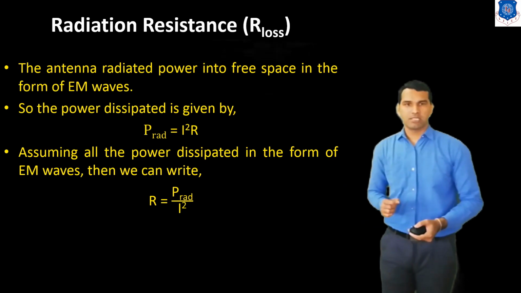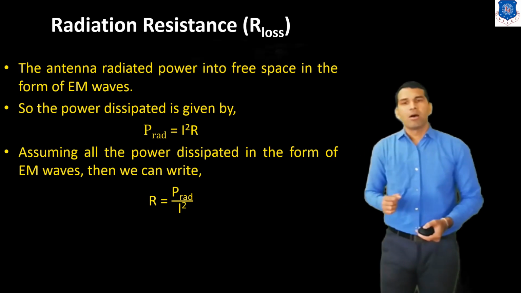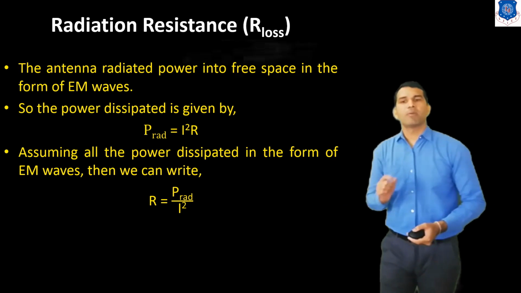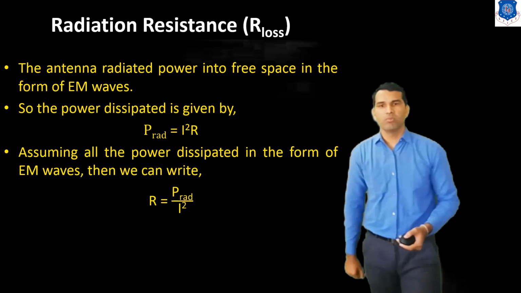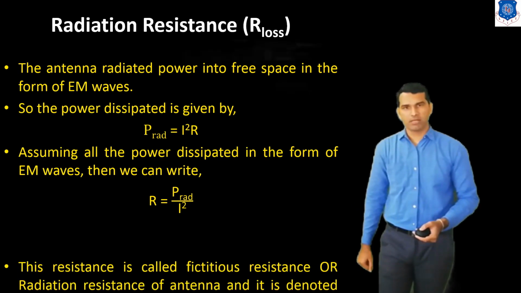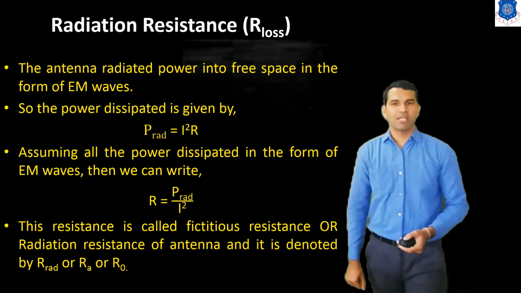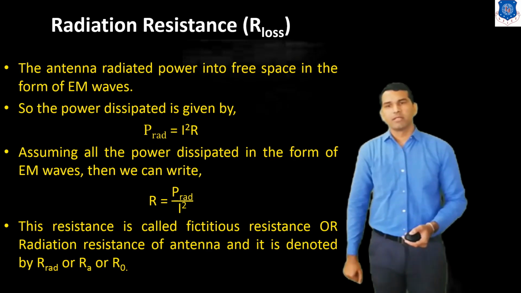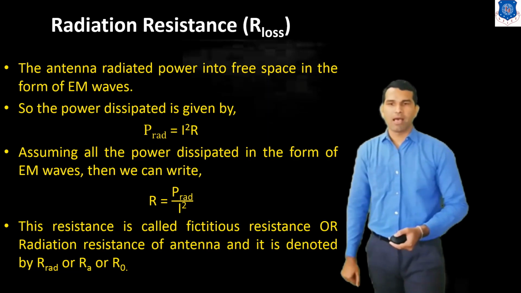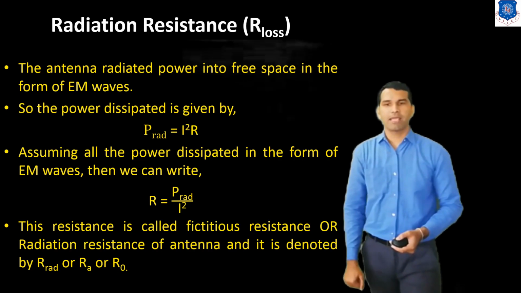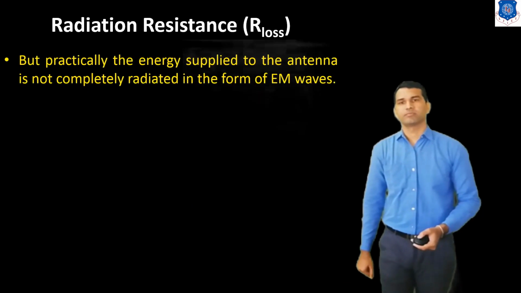Actually, the power is dissipated in many forms, but here we consider the power dissipated only in the form of electromagnetic wave. This resistance is called fictitious resistance or radiation resistance of the antenna, and it is denoted by R radiate, RA or R0. So this is the radiation resistance.